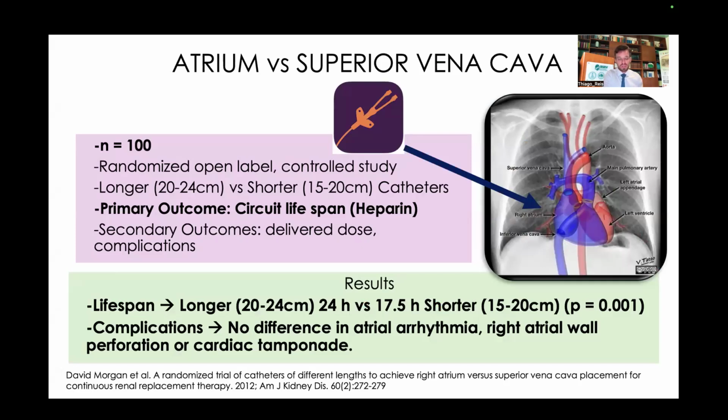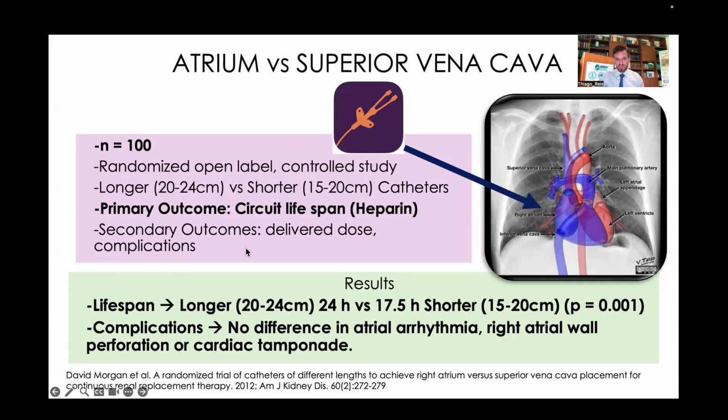Another relevant question concerning venous access is where the tip should be placed, either in the transition from the superior vena cava to the atrium or inside the right atrium. Concerns about putting it inside the atrium are related to arrhythmias or perforation of the atrium.